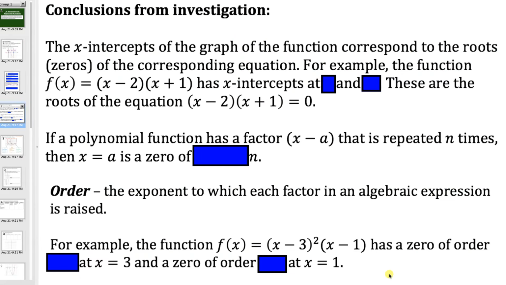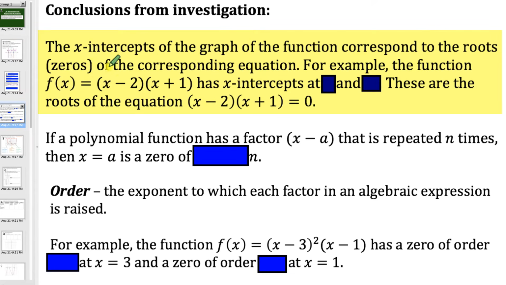So let's write down some conclusions about what we just discovered in this investigation. The x-intercepts of the graph of the function correspond to the zeros of the corresponding equation. We know that from previous math courses. For example, this function here, f of x equals x minus 2 times x plus 1, its x-intercepts are the x values that make this product become 0.